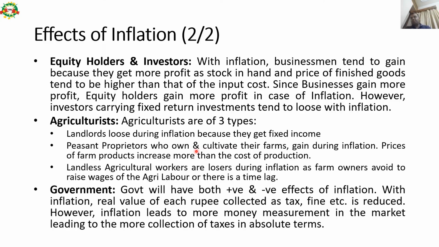But the market price of the farm produce or agriculture produce tends to increase immediately in the market. Landless agricultural workers are losers during inflation as farm owners avoid raising wages of the agri labor, or there exists some time lag.